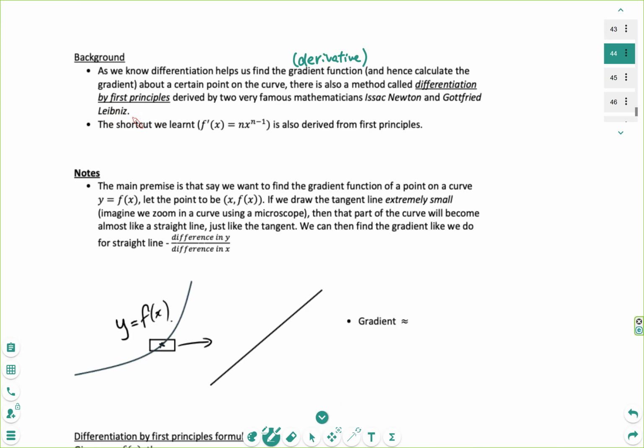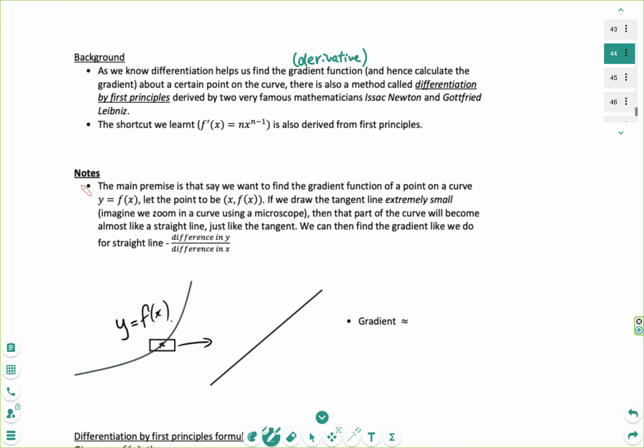Leibniz gave me an absolute nightmare when I was in uni. I think he might be German or Swiss or Austrian, it looks like German to me. The shortcut we learn about differentiation, where you multiply by the power and then power minus 1, is derived from first principle. Again, the OG of differentiation.